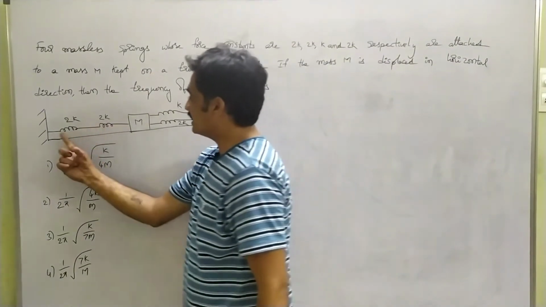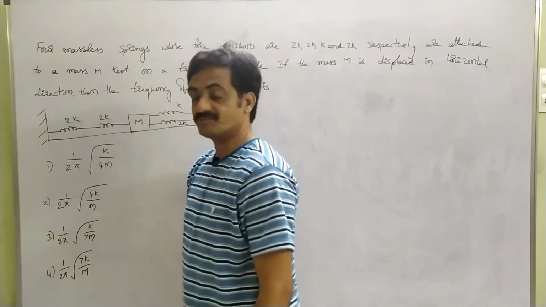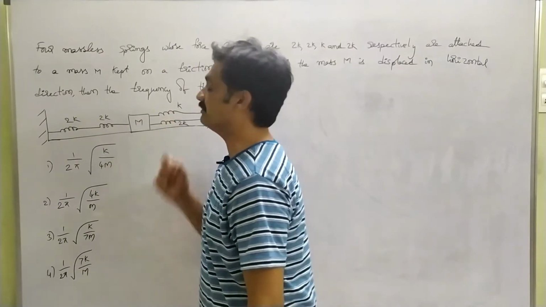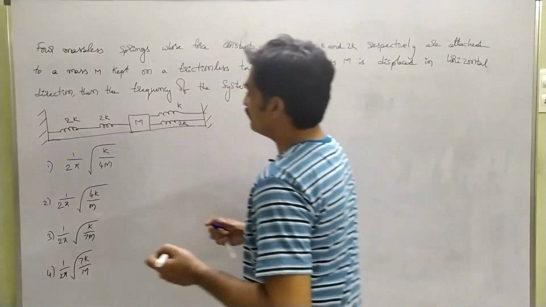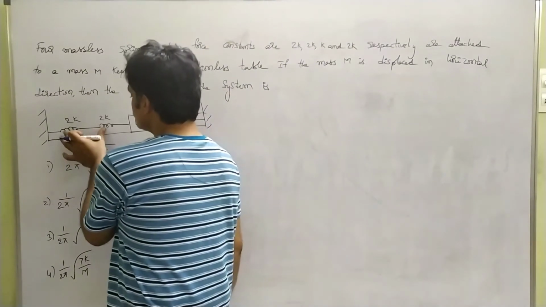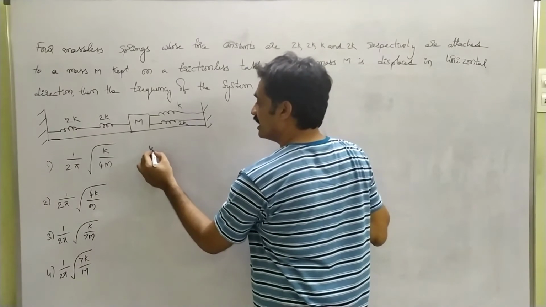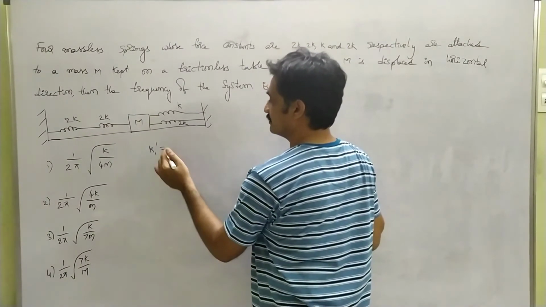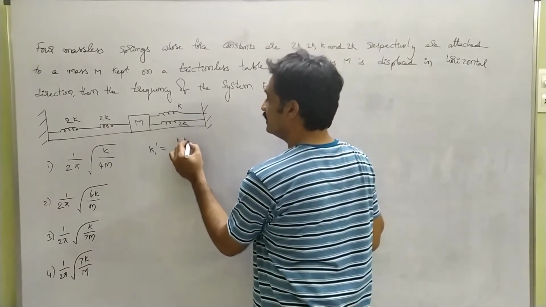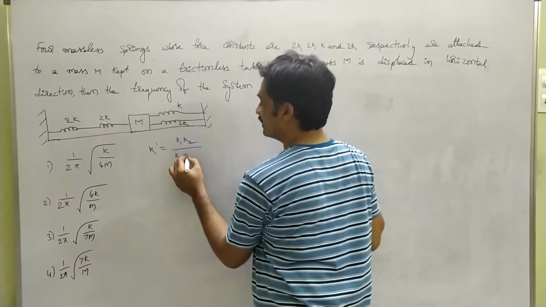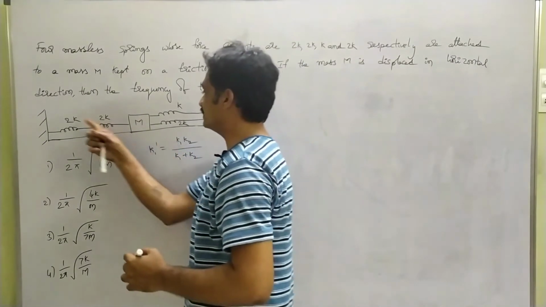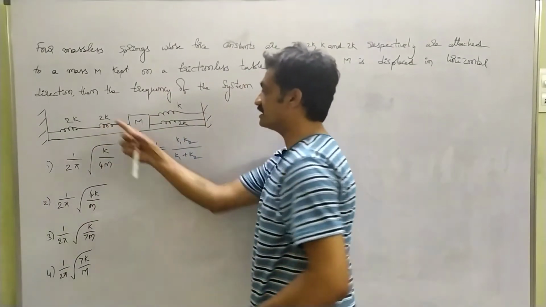Observe that these two springs are connected in series, whereas these two springs are connected in parallel. First of all, we have to find the force constant of this combination. Here observe that k1 dash is equal to k1 into k2 by k1 plus k2, where k1 of this spring is 2k and k2 is 2k.